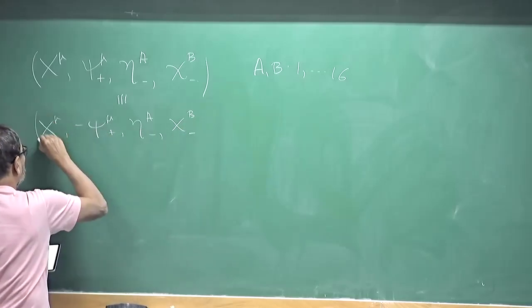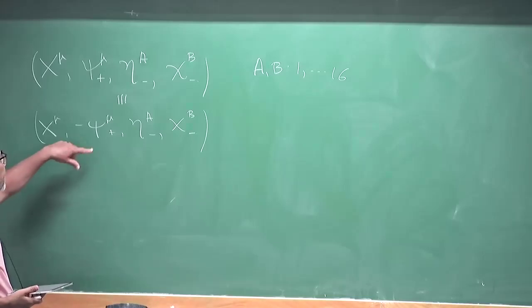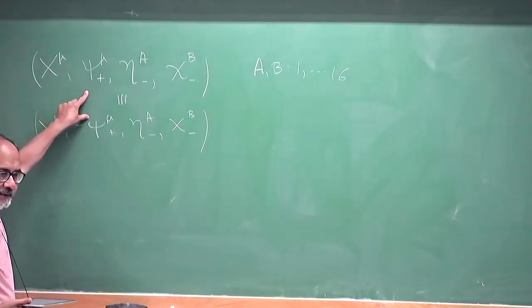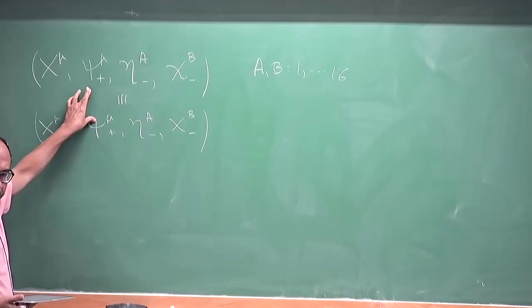This is the usual identification on the right moving sector. This is the reason why I have to do a GSO projection, and you have to also consider the Ramond sector on the right moving sector.